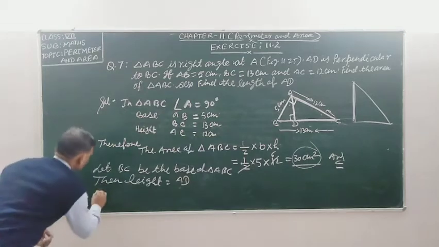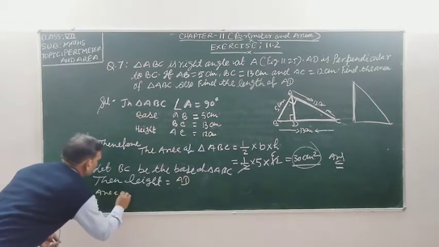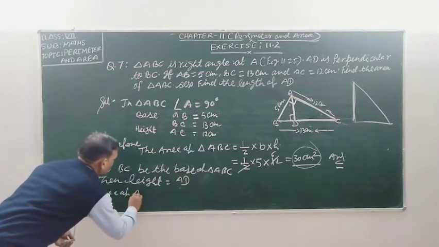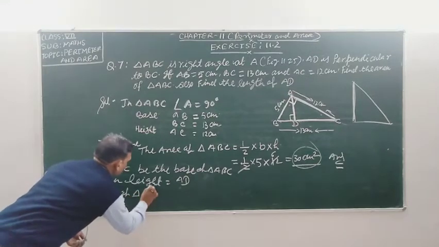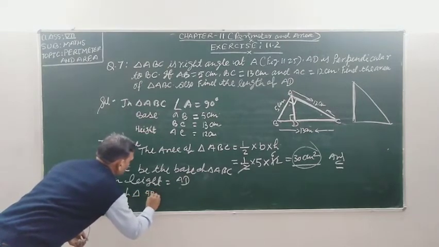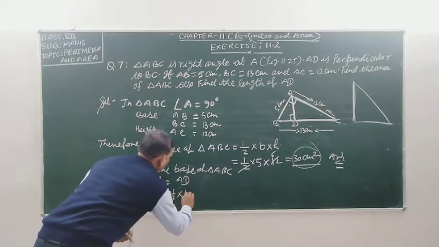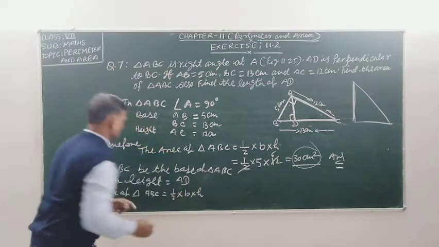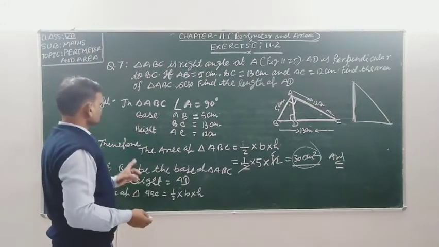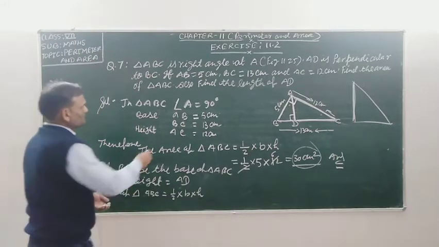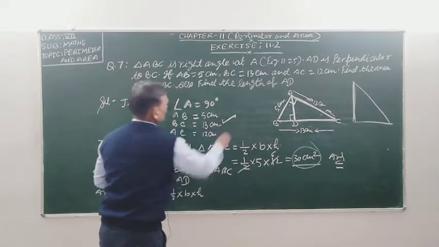Area of triangle ABC is equal to 1/2 into base into height. And student, you are seeing here that base is equal to 13 centimeter.